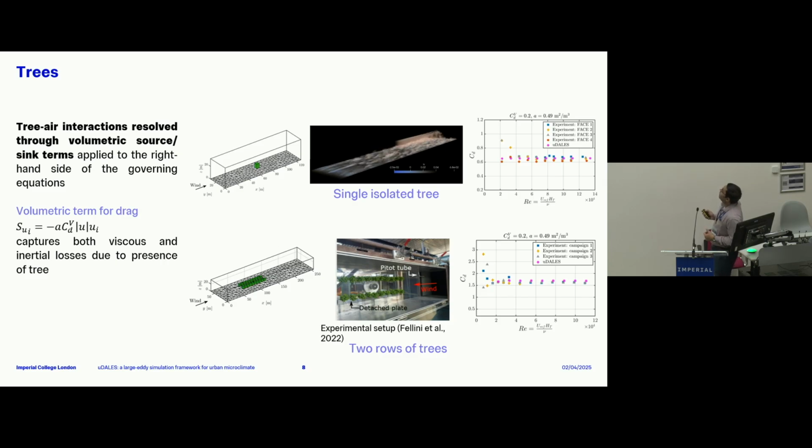We compute the drag coefficient of these tree regimes and compare them with the experimental setup by Fellini et al. And here we can see the uDALES results with these magenta stars. They are in good agreement with the experimental observation. So with appropriate settings, uDALES is also able to model the tree drag in an urban area.